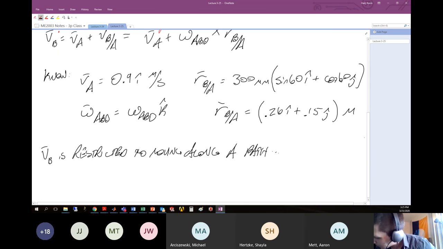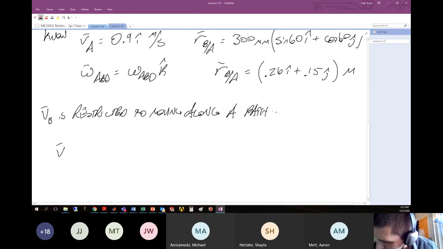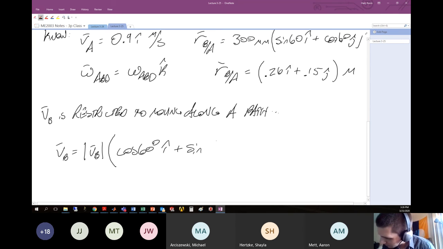We can express this mathematically: the velocity of B is equal to the magnitude of the velocity of B, whatever that magnitude is. We currently don't know what it is, but we know that the velocity is restricted to a path defined by that line, and that line is given by the unit vector, using the angular relationships in the problem, cosine 60 degrees i hat plus sine 60 degrees j hat.